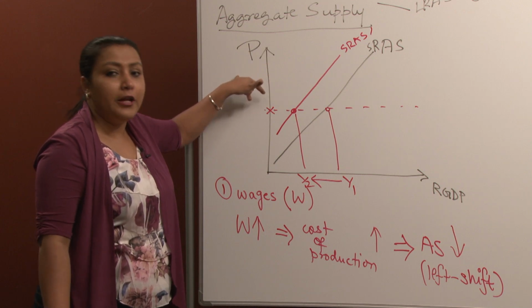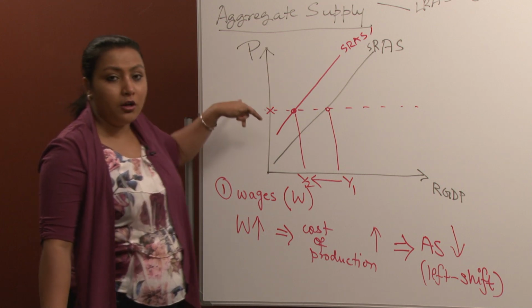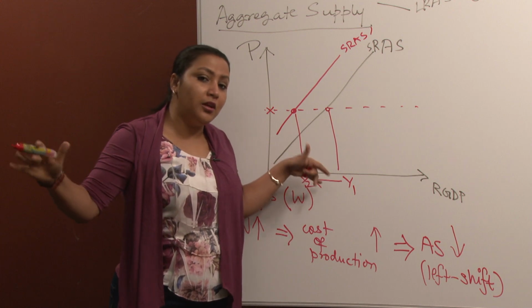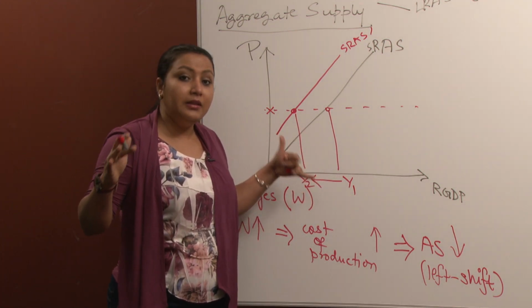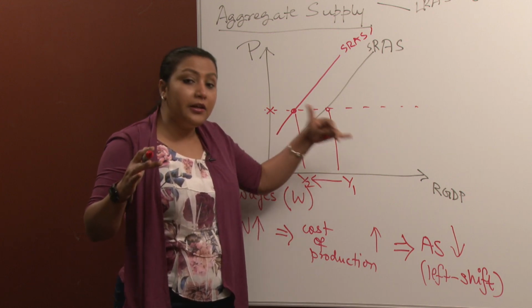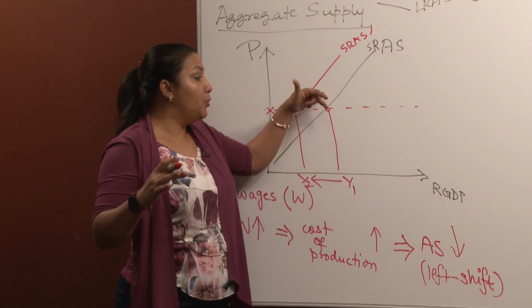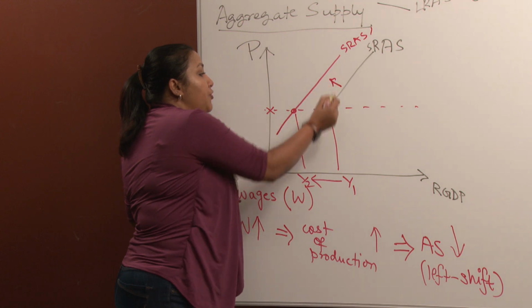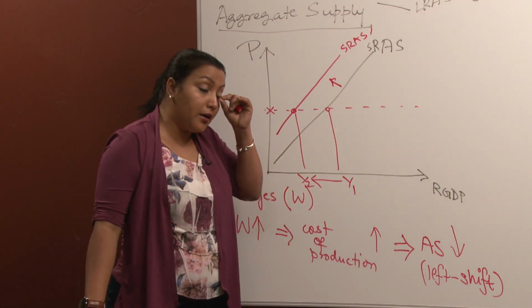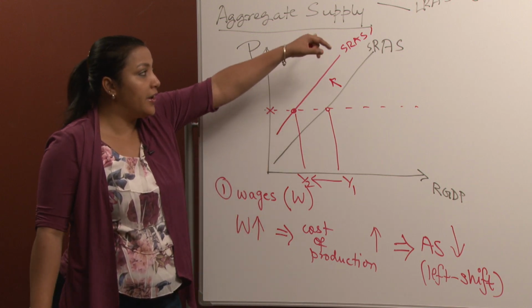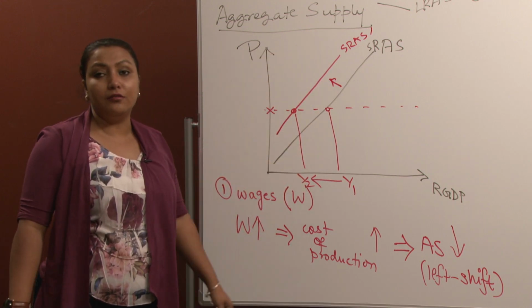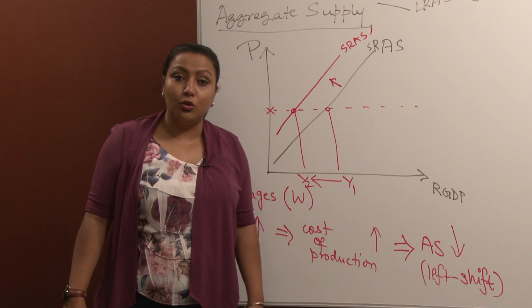So no inflation or deflation happening in the economy, nothing else changing in the economy, only if the wage rate went up, then you would see a decrease in aggregate supply, which would be represented by a left shift of the short run aggregate supply curve to a new curve, that is short run aggregate supply dash, SRAS dash, and as a result of that, the real GDP of the economy would go down.